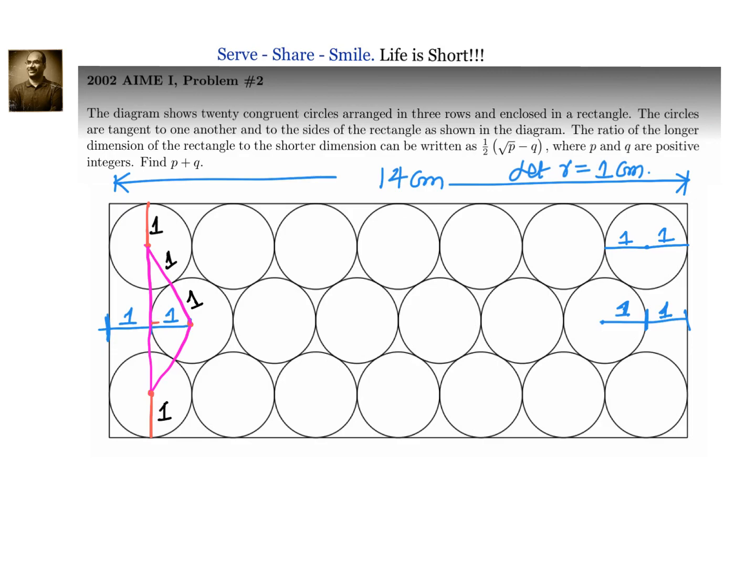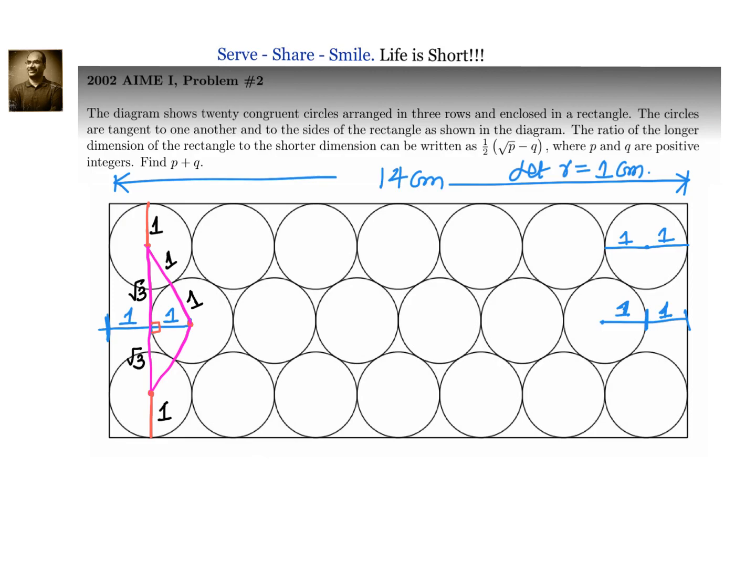So we have a right angle triangle with sides 1, hypotenuse 2. Then we know automatically that's a 1, root 3, 2 triangle, right? Or by Pythagoras theorem we can find that this length equals root 3. Similarly, this is also equal to root 3.